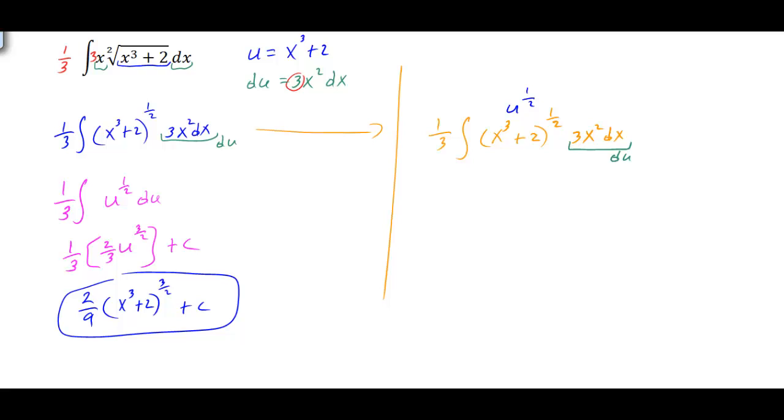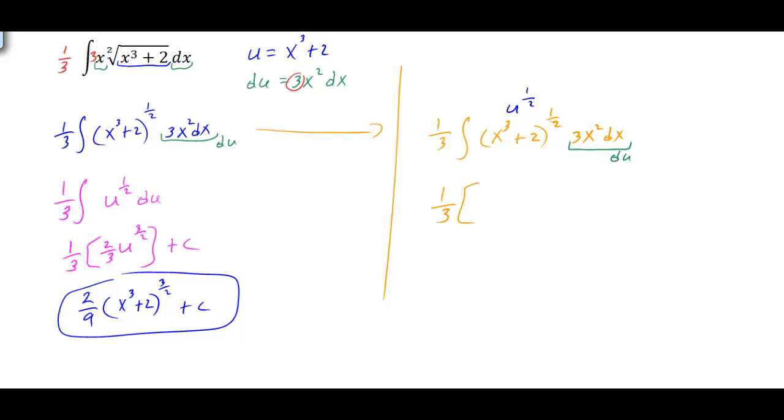If you can mentally see this already, you don't actually have to do the actual substitution, if you're careful. We could say this is going to be 1/3 out front, multiplied by the integral here, which we know is x cubed plus 2 to the 1/2. That's really u to the 1/2, and because 3x squared dx is all the du, we can ignore that because it's going to disappear.